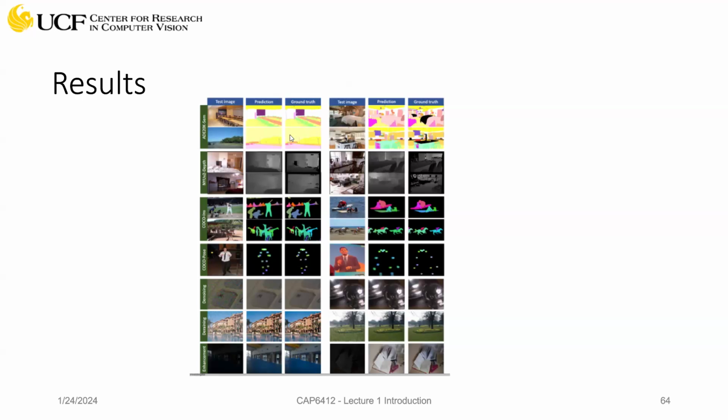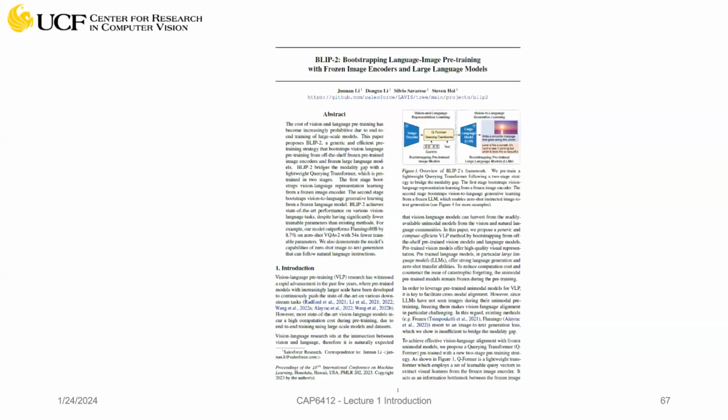It's very close. Test image, prediction, ground truth. And the depth one, this is instance segmentation, this is pose keypoints, and denoising and so on. So that's it. Now let's talk about the next one.